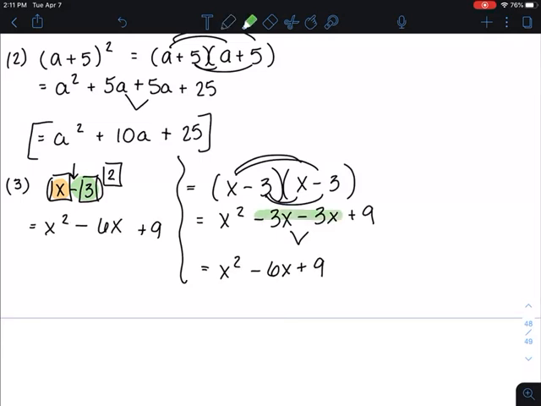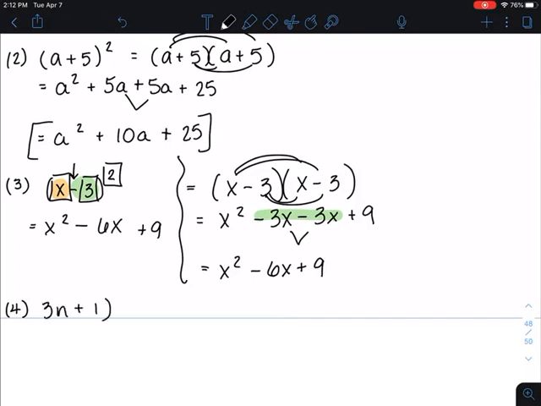This would be negative 6x. It basically skips this whole step here, and you go straight to your negative 6x from the beginning. A couple of reminders: this was always going to be positive, because whether it's negative or positive, when you square it, it's going to be positive. And this will always be the sign that they give you in the binomial.